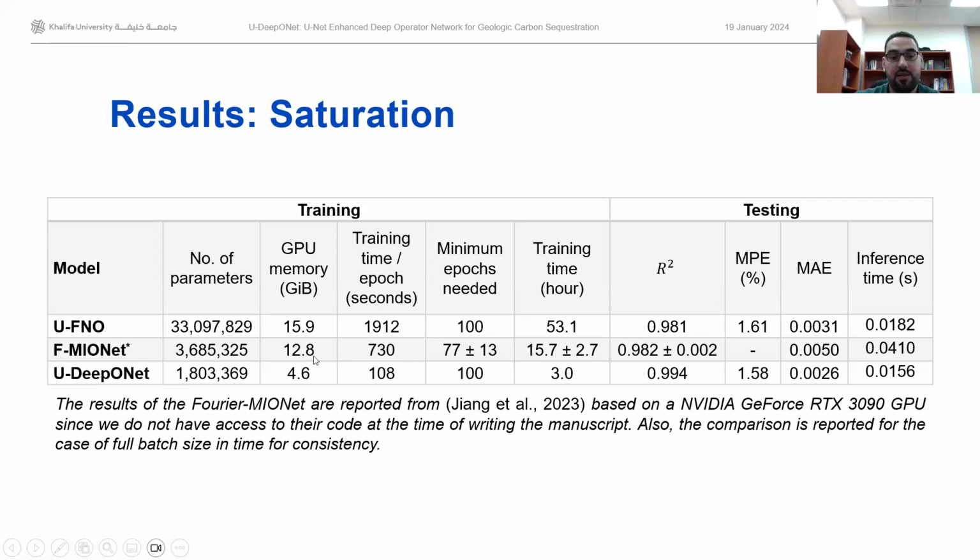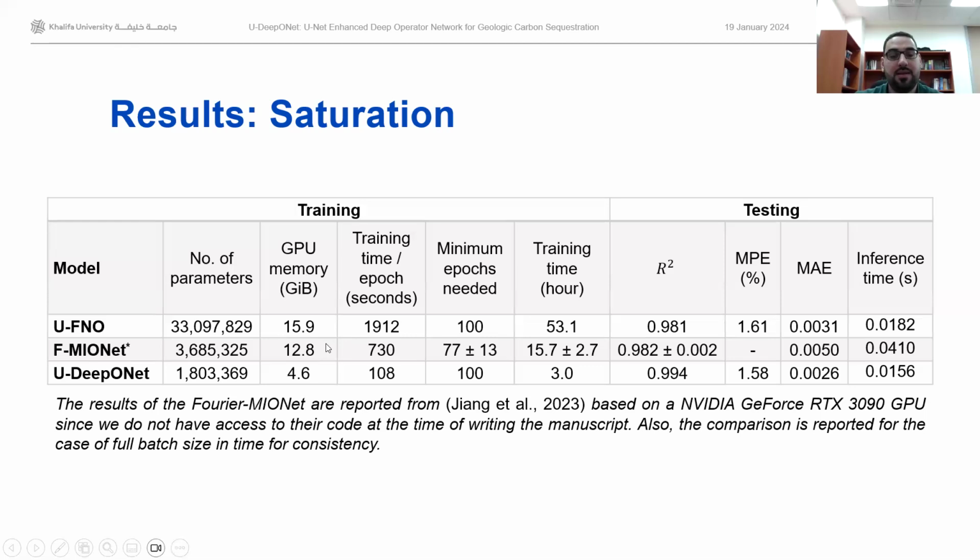This is reflected in the GPU memory usage, where we have about a third of the memory usage for the U-DeepONet compared to the UFNO. This is important because most commercial GPUs are within the range of 8 GB in terms of RAM. So if you have a very large model, it might be difficult for some people to train it.